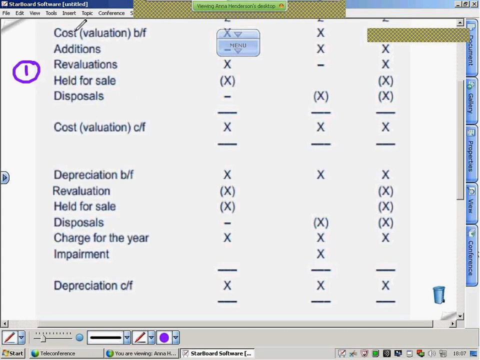So the first section is about cost. So the cost section, we've got anything that we have added, anything that we have disposed of, and those kinds of ideas we saw when we had a go at our certificate level paper.